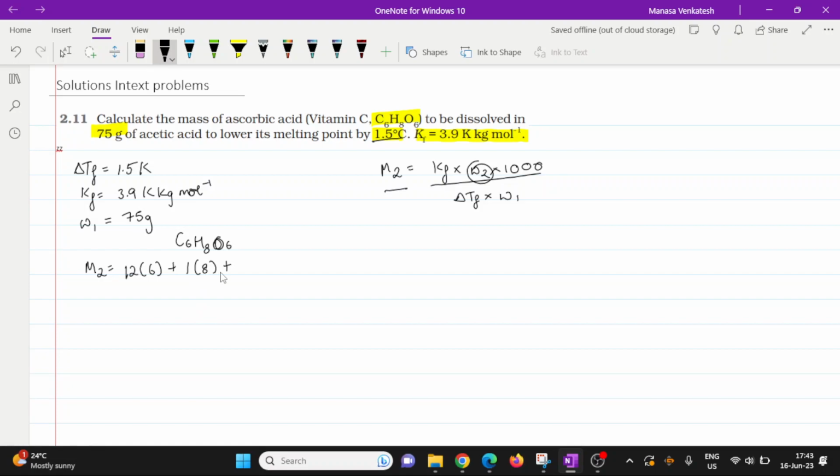I know I change it sometimes, but I always make sure they're consistent in that equation at least. And this will give us 72 plus 8 plus 96. That is equal to 176 grams per mole.